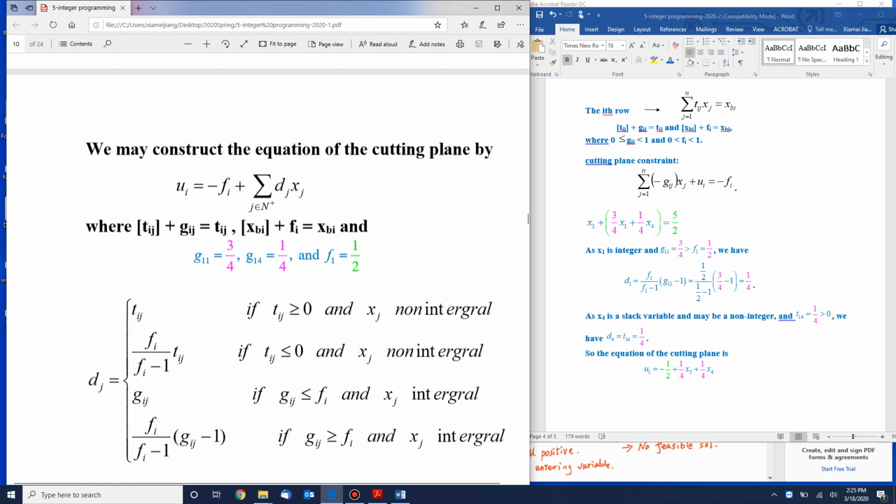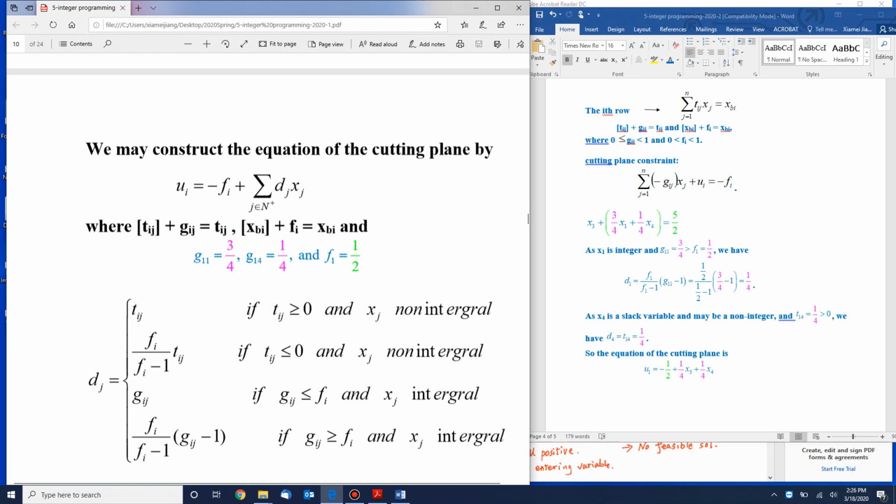Because T11 equals 3/4, the largest integer less than 3/4 is 0. The largest integer less than 1/4 is also 0.